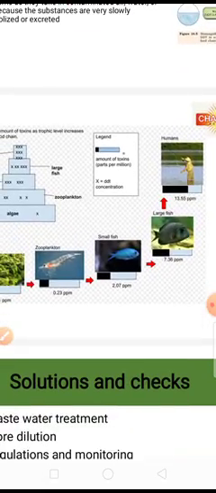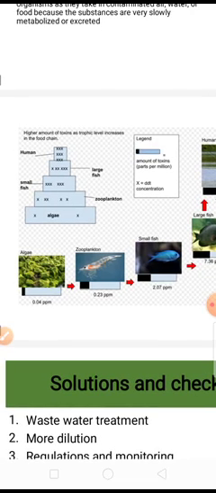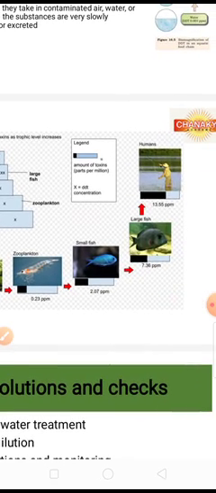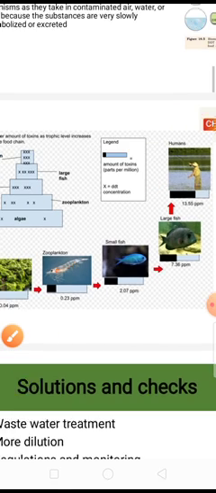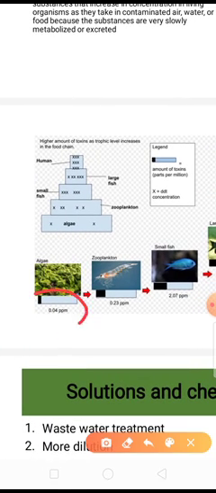This is one more food web I have made. Algae having 0.04 ppm of DDT, then zooplankton, small fish, large fish, and humans. This is the concentration. You can see that in humans the concentration in parts per million increases to 13.55, from algae which is 0.04.